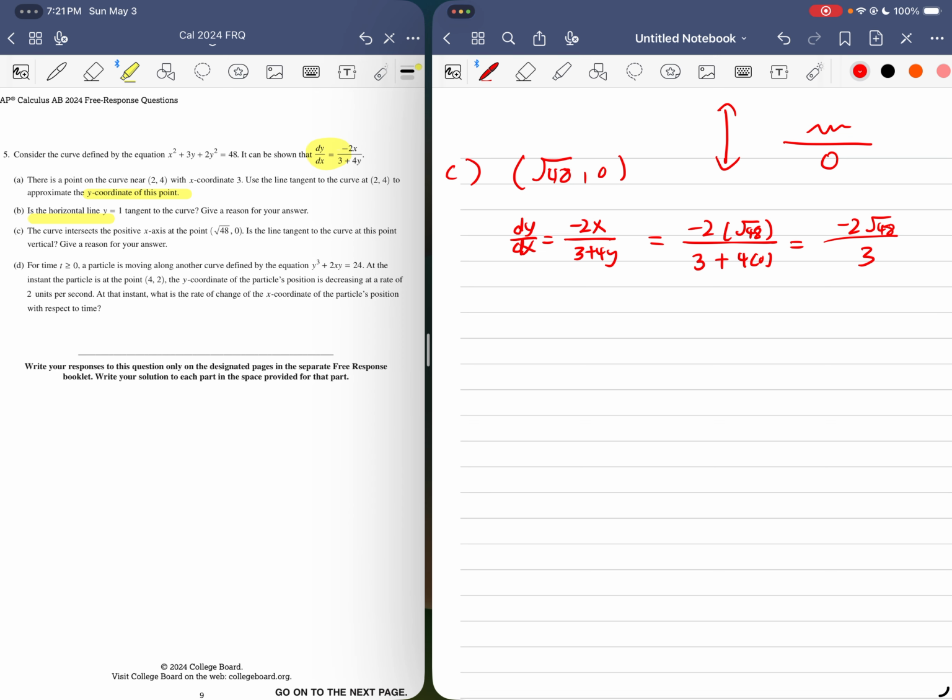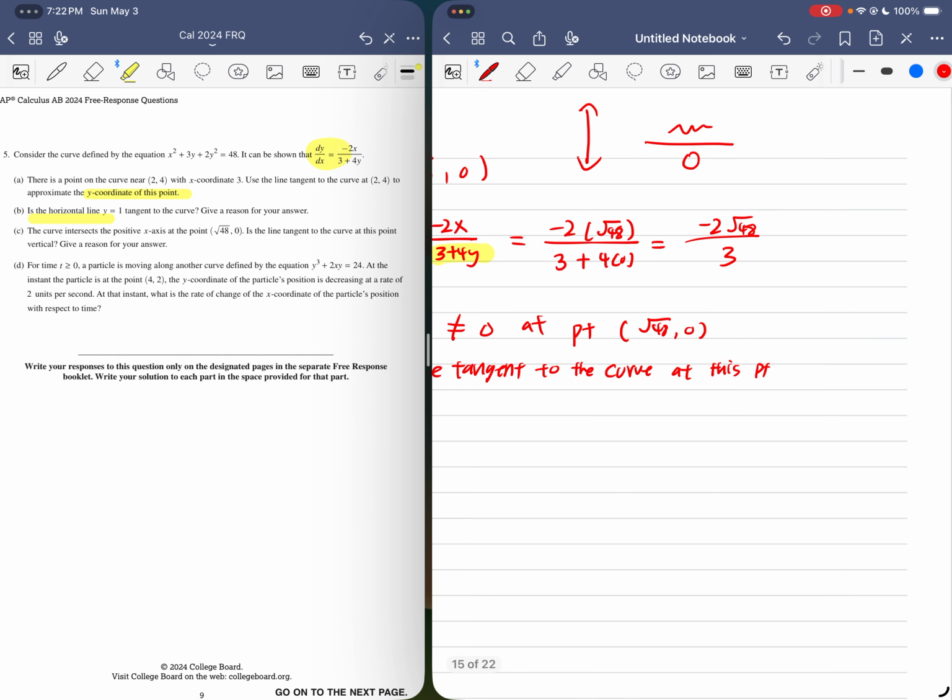So I will say 3 plus 4y, which is this denominator, is not equal to 0 at the point (square root of 48, 0). Therefore, the line tangent to the curve at this point is not vertical.